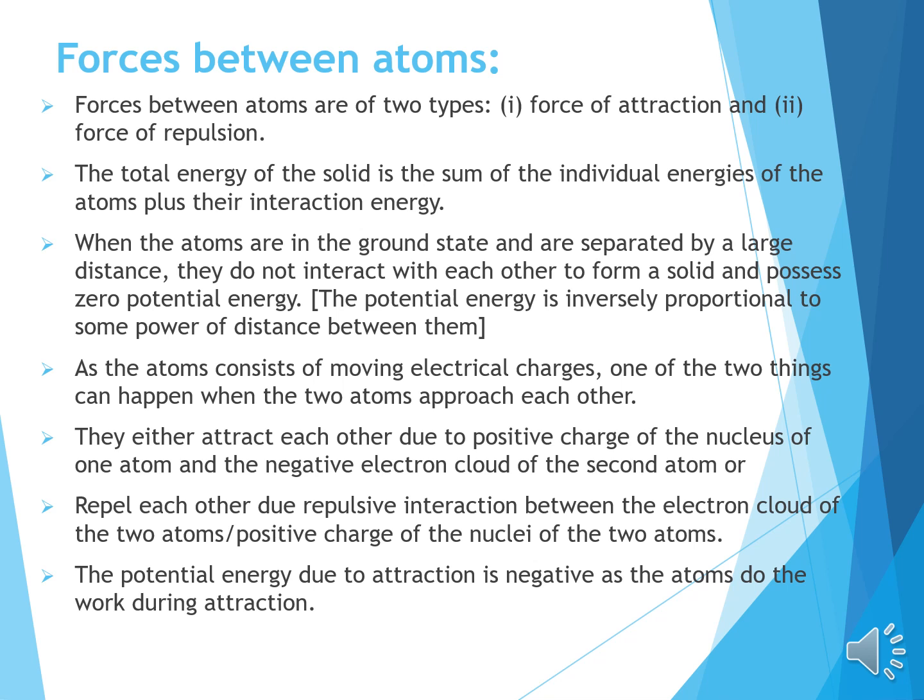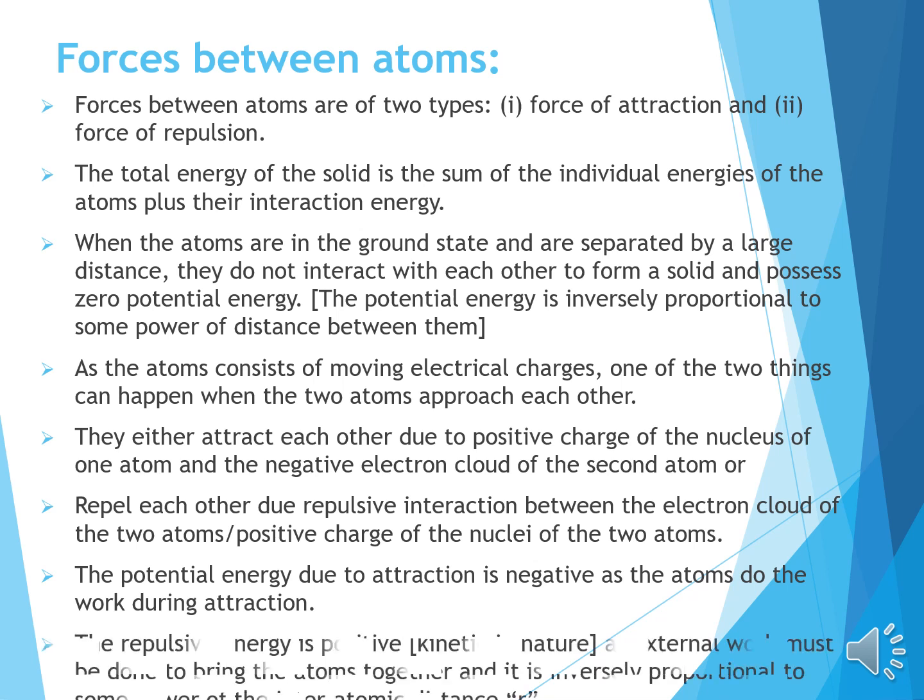Second, they repel each other due to the repulsive interaction between the electron cloud of the one and the second atom, or the positive nucleus of the first and the nucleus of the second. The potential energy due to attraction is always negative, as atoms do the work during attraction.